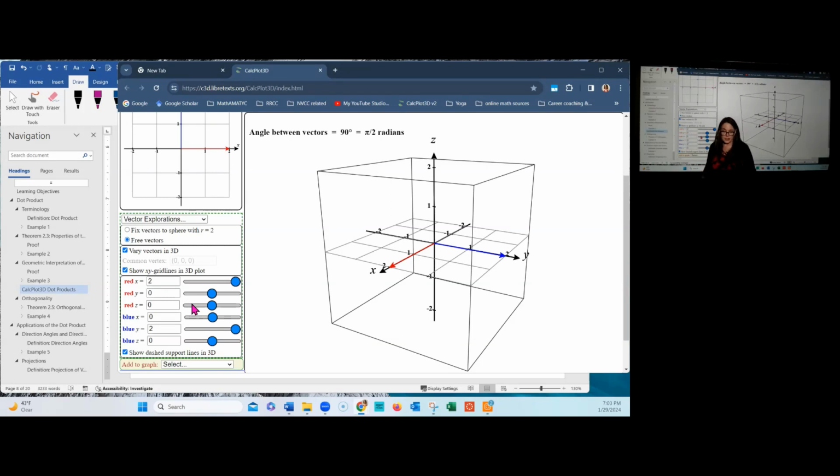So what we want to do is take a look, for example, at one of the problems that we did. Let's take a look at the dot product, I believe, is the one I wanted to do.